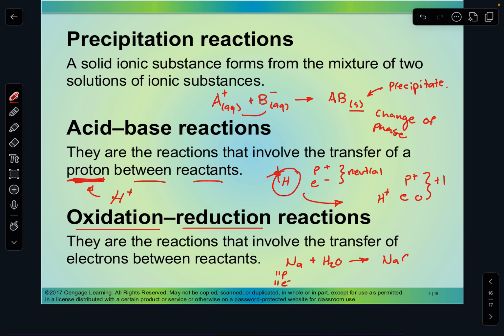NaOH is what is made on the other side, plus H2, put a 2 here, put a 2 there, put a 2 there. And so the sodium now is still 11 protons, because we never change the number of protons when we're looking at a single atom, and only 10 electrons. And so you get out of this Na+. That is a transfer of an electron from one thing to another. Electrons go from 11 to 10, which means that the transfer of electrons occurred.